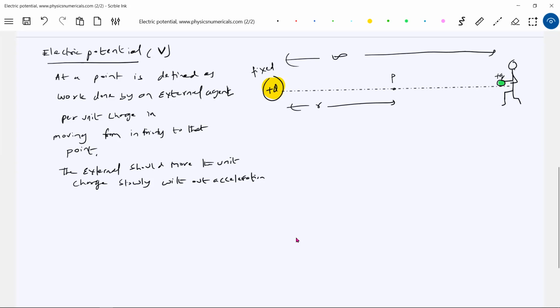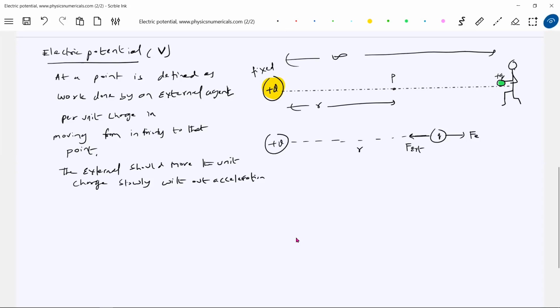Now, when it's moving slowly, what actually happens? There's a unit charge, it will be positive. So the electrostatic repulsive force will be acting in this direction. The work done by the external agent should be in this direction.